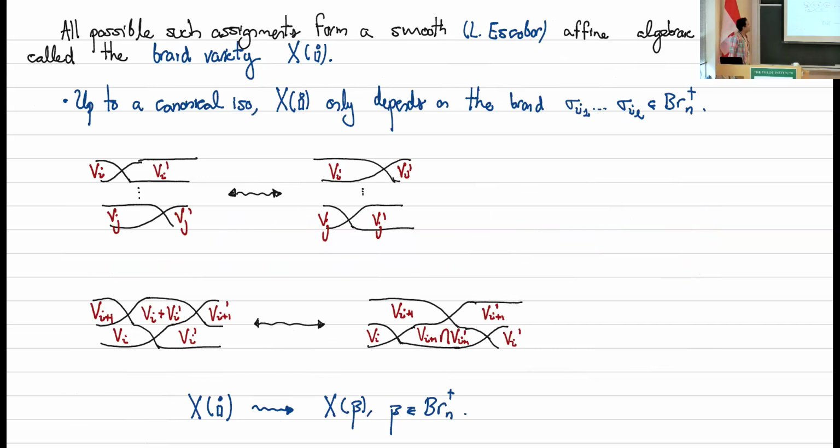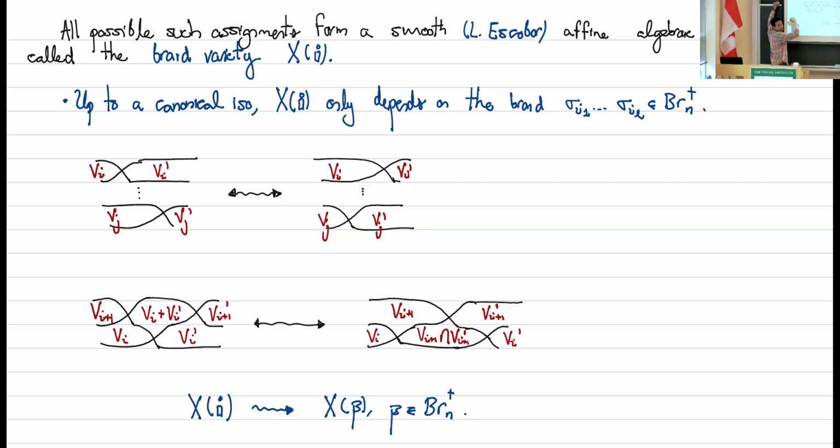Okay. So this is one braid relation, sigma i, sigma j is equal to sigma j, sigma i, when i and j are far from each other. And here, really, the isomorphism is not super complicated, you just move the crossings, but don't change the spaces. That's not super hard. The other braid relation is a bit harder, but what I claim is that if I know these 4 subspaces, this is forced to be the sum of these 2.